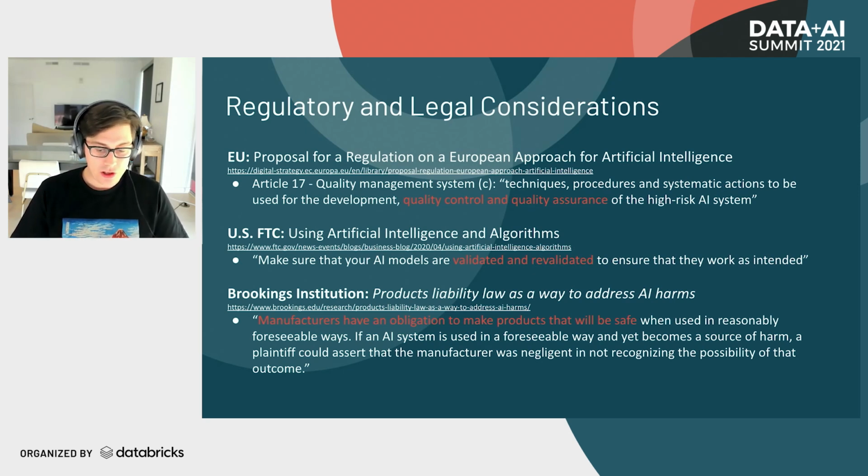And just like GDPR changed how we operate with data in the US, this regulation could change the way we work with AI in the US. And among many, many, many other things, it does call out quality control and quality assurance specifically. Okay, so getting ready for future regulations is a big reason to do model debugging.